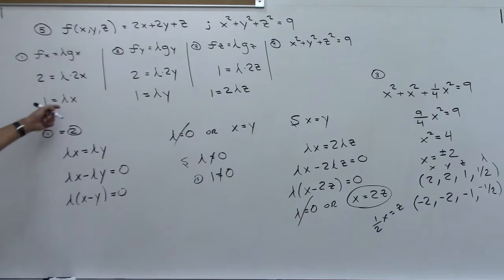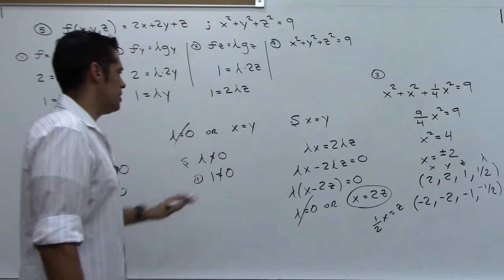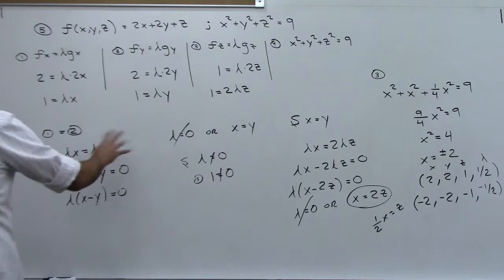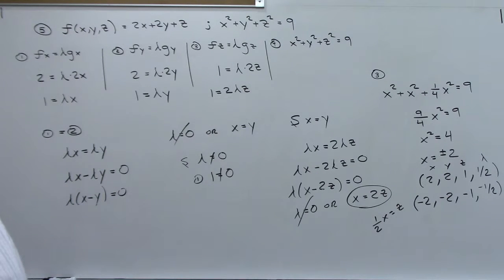We set equation 1 and 2 equal to each other. Lambda had to be 0. We said it couldn't be that, but that would mean x has to be equal to y. And I think we've got everything we need here. Notice, because I never said, like, suppose x isn't 0 or something like that. Let's see. What number was this?